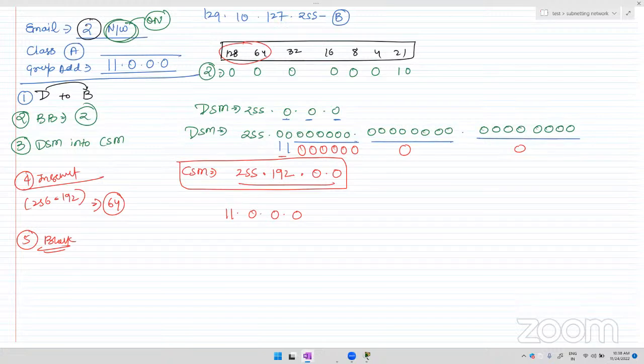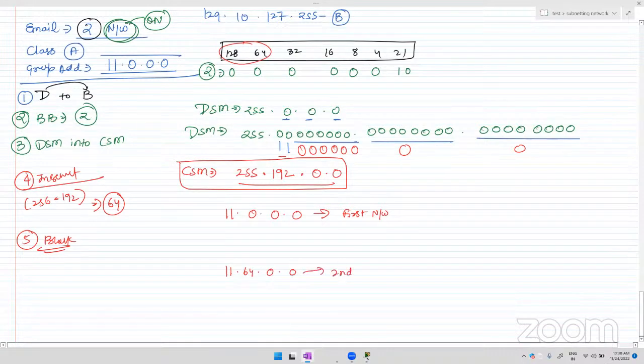This octet value is always fixed and the remaining is 0 0. That means this one is my first network. Okay, 11 dot. How many value increment? 64.0.0. Which network is this one, dear? Second. And before this one, which one is your broadcast?